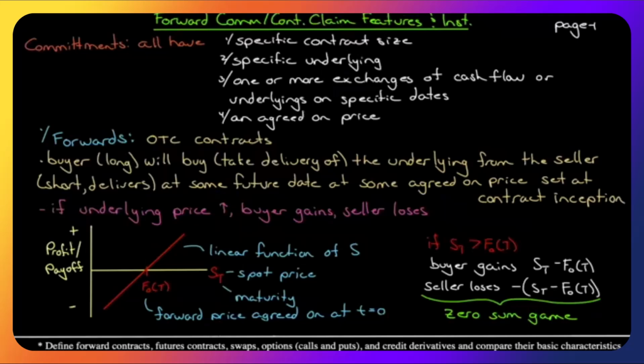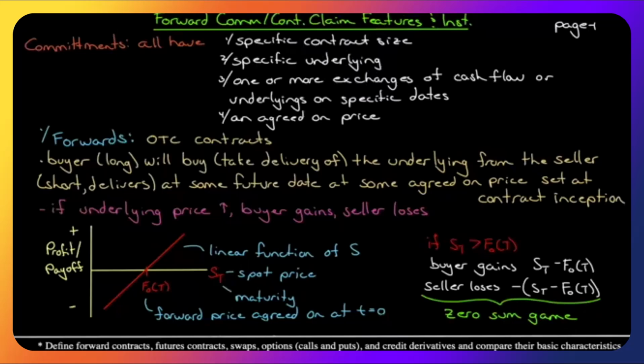And contracts can be grouped into two broad categories. Those that are called commitments and those that are called contingencies. A commitment means both parties must do something at expiration date. At some future date, both parties are committed to do something.